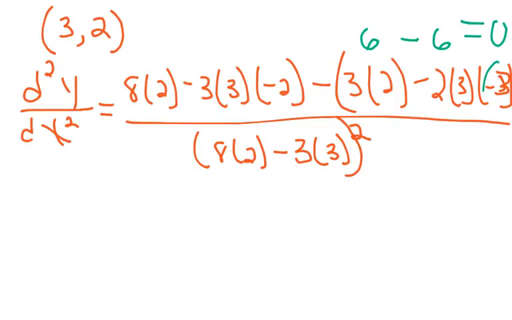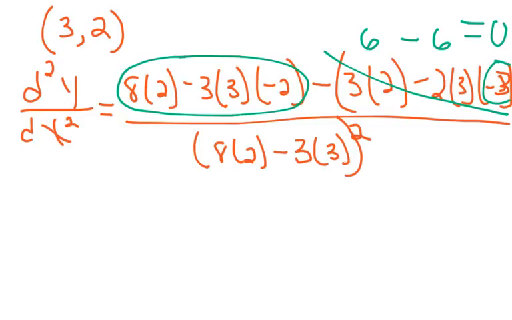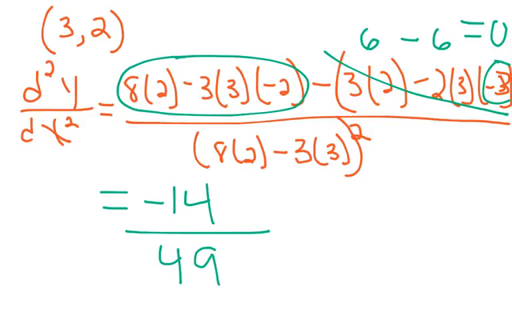And 0 times negative 3 is also 0. So this part of the second derivative will cancel out. So now, when you plug this into your calculator, you would get negative 14 over 49, and this simplifies to negative 2 over 7.